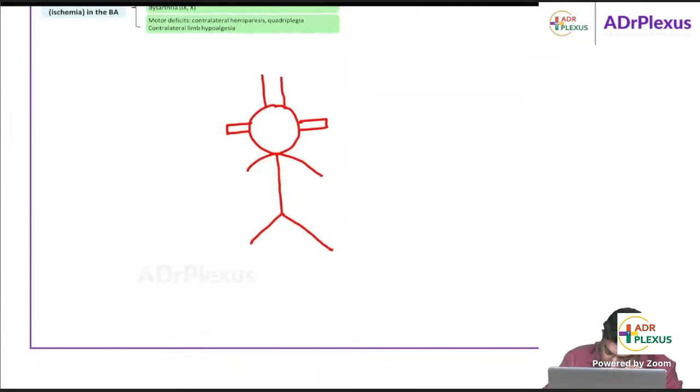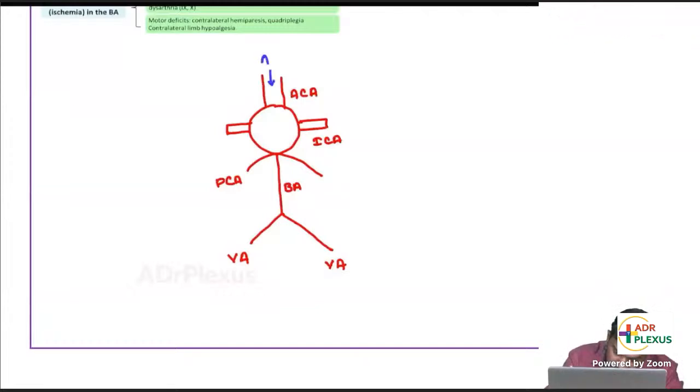There are two vertebral arteries which join together to form the basilar artery. And here we have the posterior cerebral artery, the internal carotid artery, the anterior cerebral artery. This part is your anterior communicating artery. And here we have the posterior communicating artery. And this is the internal carotid artery.